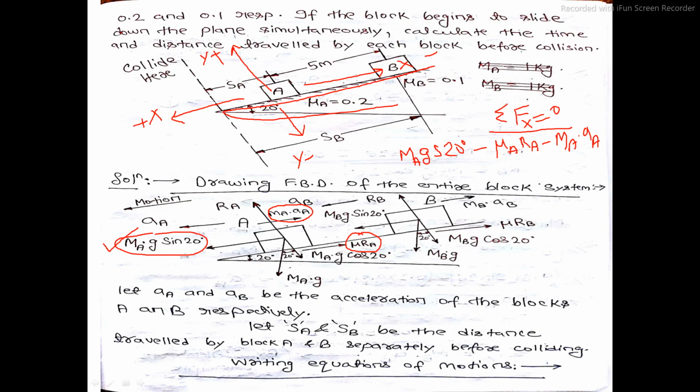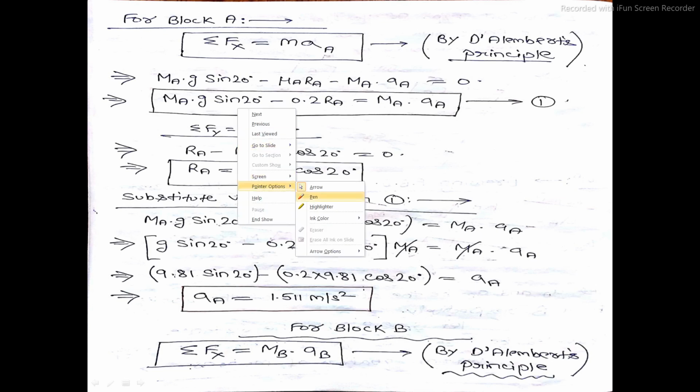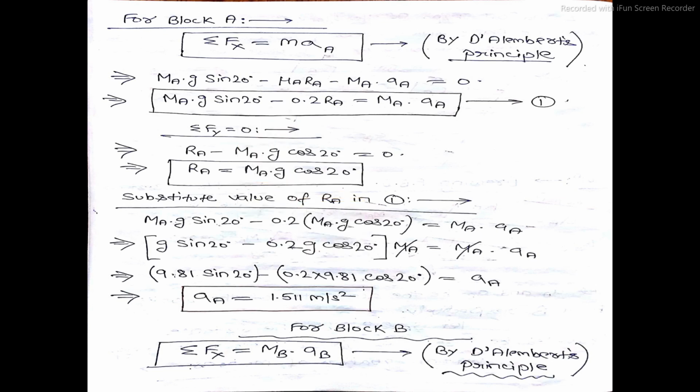No other forces are present along x direction, so it is equal to 0. So finally summation fx equal to 0 is mag sine 20 minus mu a Ra minus ma into Aa equal to 0. Take it on the right hand side, equation will be mag sine 20 minus 0.2 Ra equal to ma into Aa. That is equation number 1.